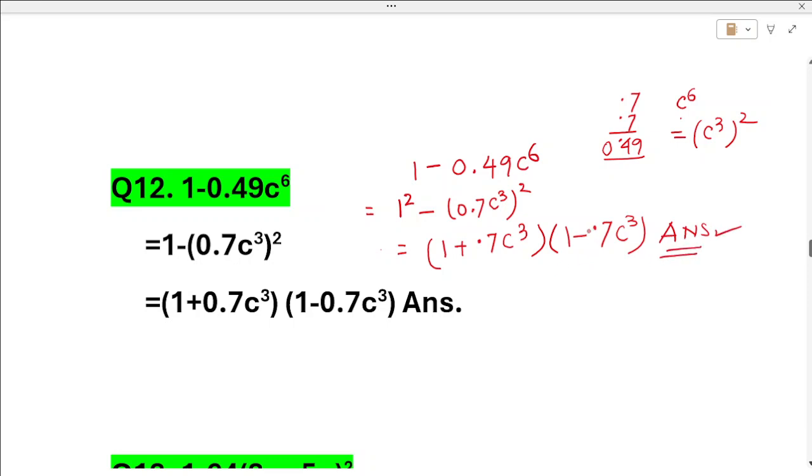In some other chapters, I will tell you how we can even factorize this term further, but right now I am not doing it. We will do it in some other chapters.